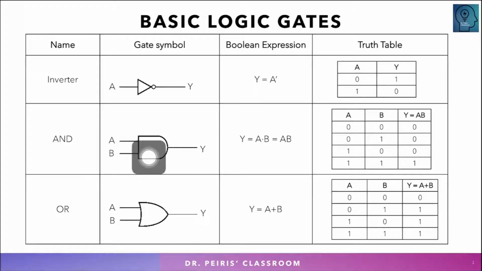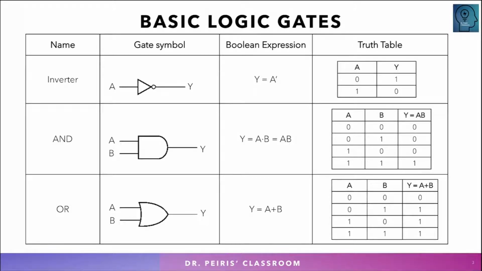Now let's look at the AND gate. This is the logic symbol for the AND gate and the output is written as A and B. For the AND operator we use the dot as shown here. Sometimes to make it simple we omit the dot, so you can simply write AB, which means there is an AND operator between the two input variables.